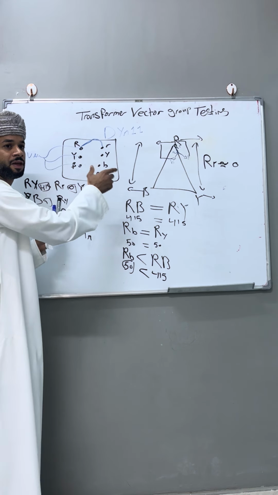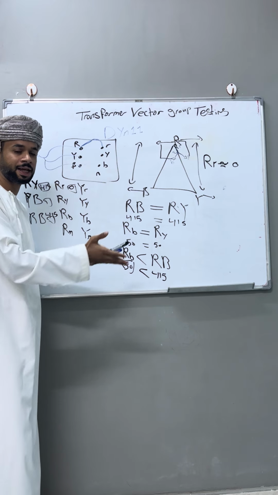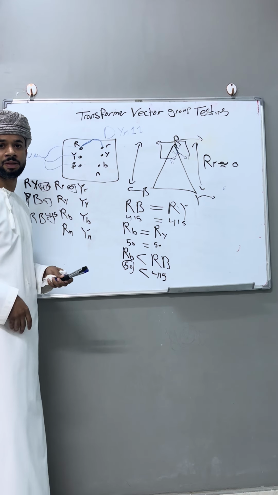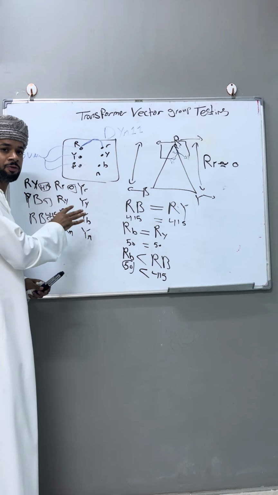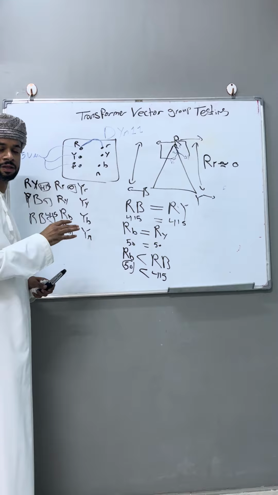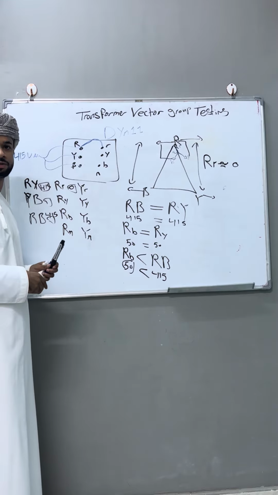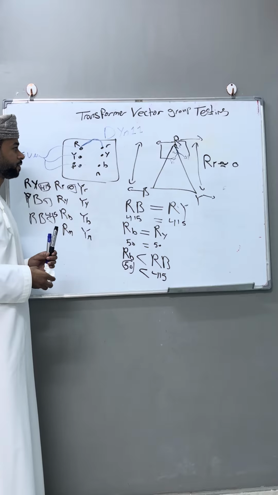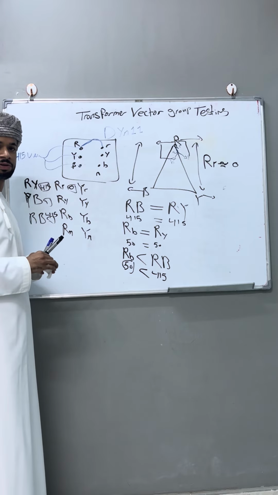Sometimes even if the nameplate mentions vector group Dyn11, in reality it is not Dyn11, maybe because of a manufacturing error. So this is how we check the vector group of the transformer before commissioning or energizing it. I hope the vector group of the transformer and the transformer testing is clear.